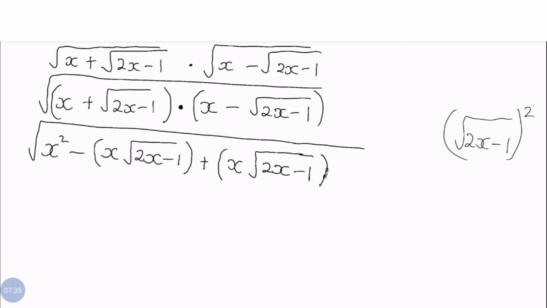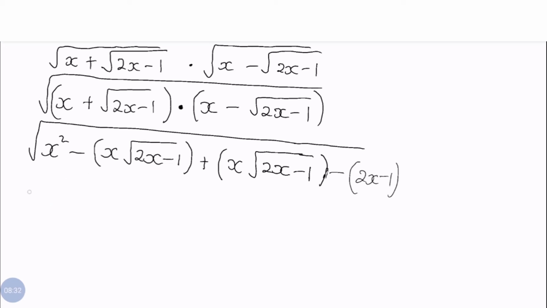So the square will cancel the root. So now we will be left with 2x minus 1. So here we are multiplying a positive and a negative, which means our sign will be negative. And we'll put the 2x minus 1 in brackets.